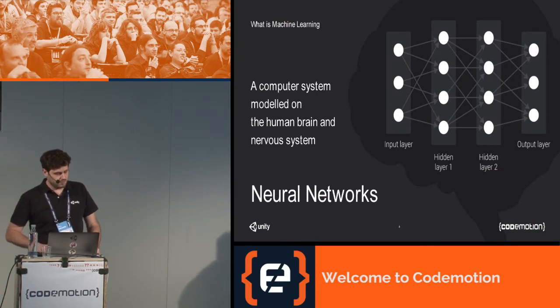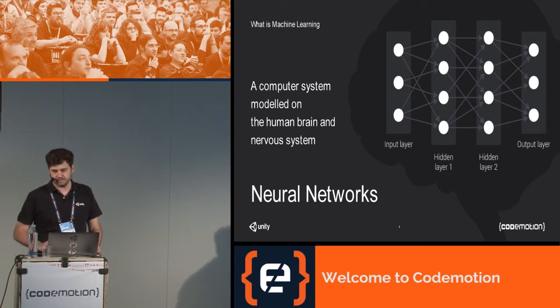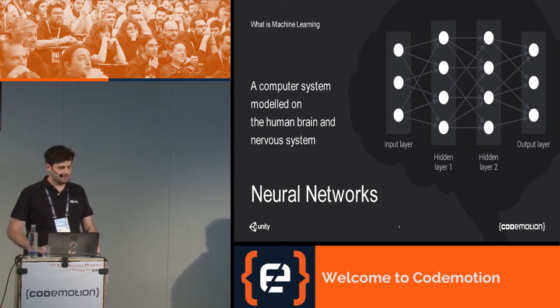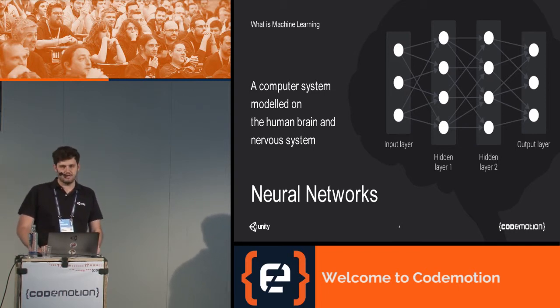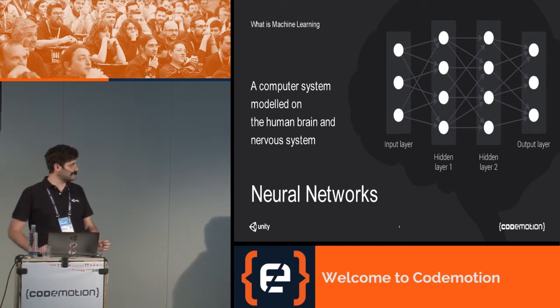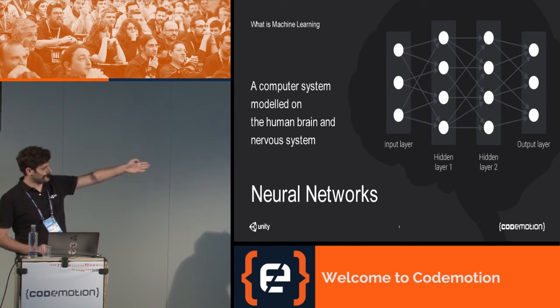And we perform the learning in machine learning using something called neural networks. A neural network is a computer system that's modeled on the human brain. Neural networks can contain from a few dozen to hundreds to thousands of these artificial neurons called units, and these units are arranged in a set of layers.